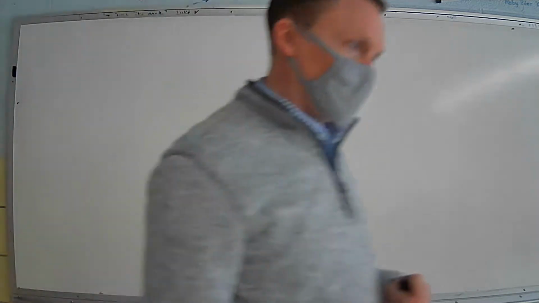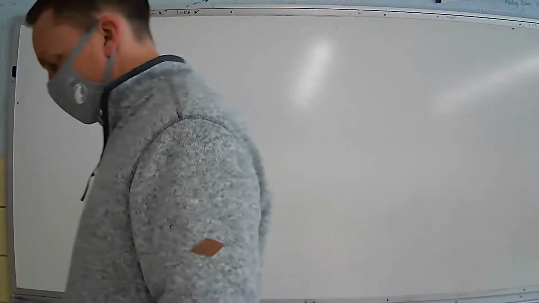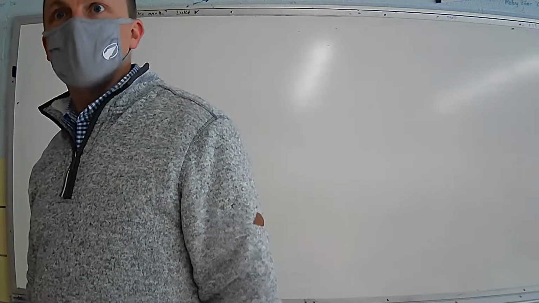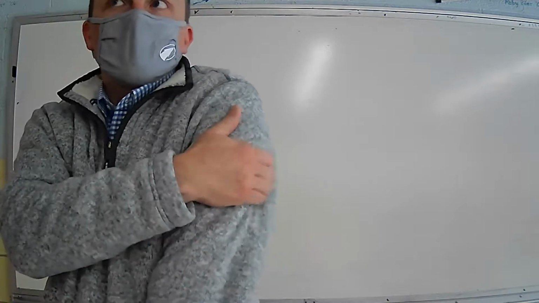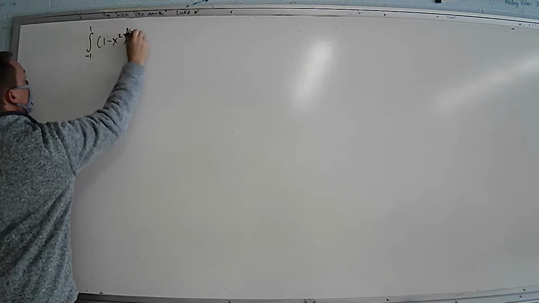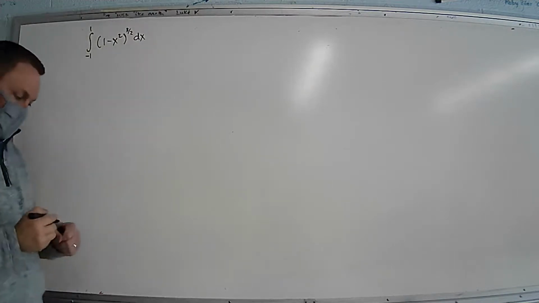What is it? The integral from -1 to 1 of (1 minus x squared) to the 3/2 power? Yeah, that's the one. This is the one that ends up getting cosine to the 4th.